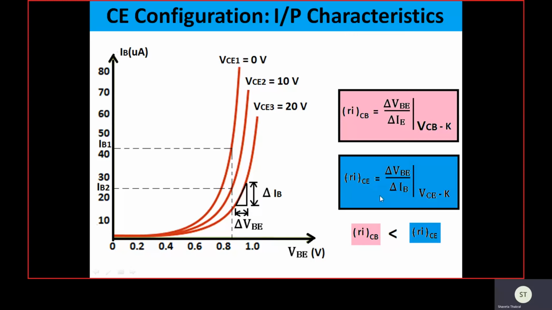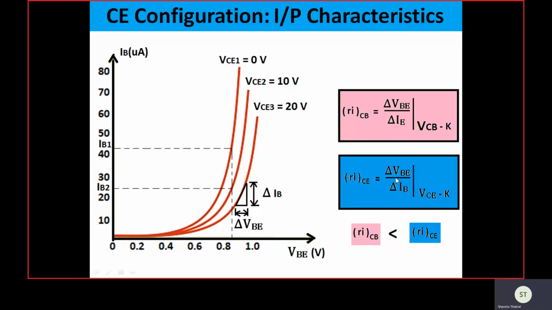If we compare the input resistance of common emitter with the input resistance of common base, we can see that in the numerator we have the same parameter, but in the denominator, in the case of common base configuration, we have variation in emitter current, whereas in common emitter we have variation in the base current.